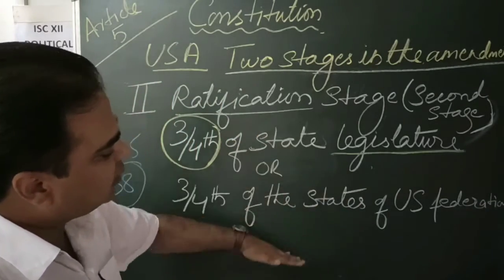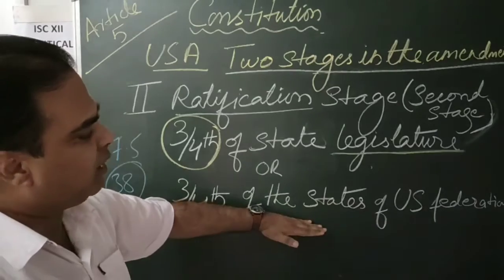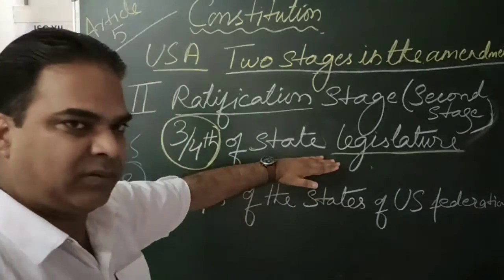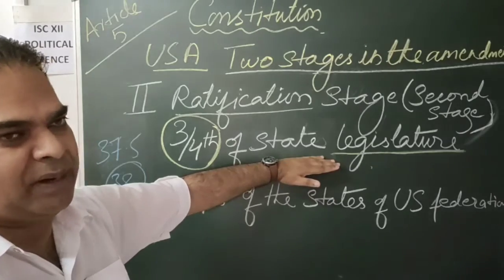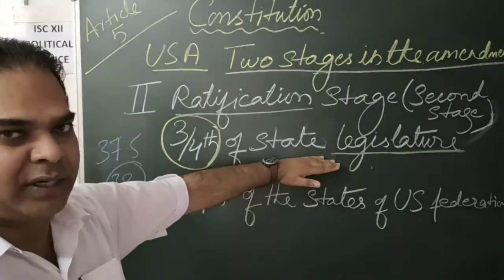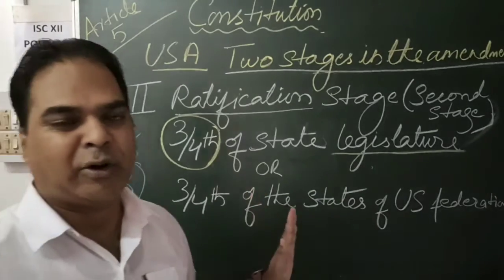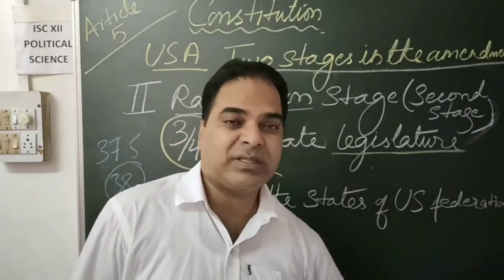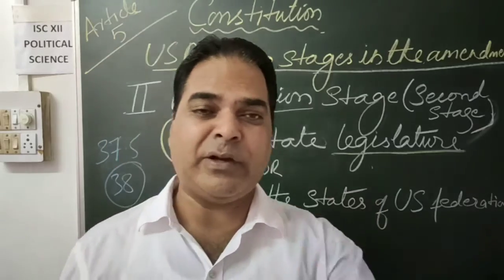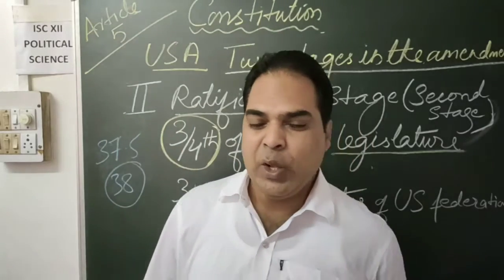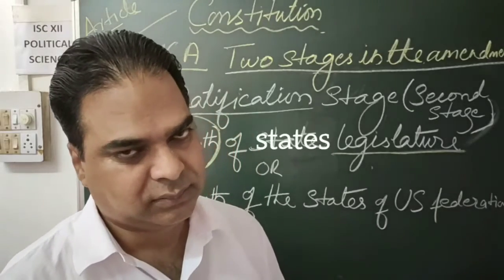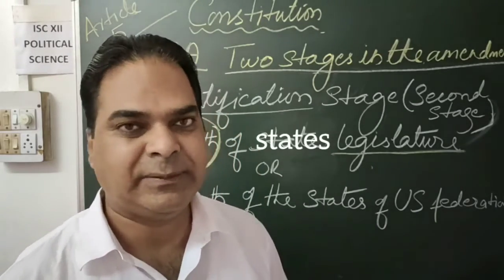If it is stuck over here, if the state legislatures or the states disapprove the amendment procedure of the US Congress, then it cannot move forward. That is why the US Constitution is a very rigid constitution. That is why till today only 27 amendments have been made.